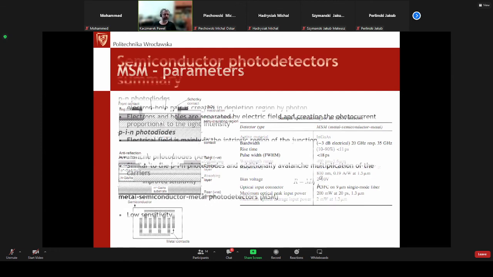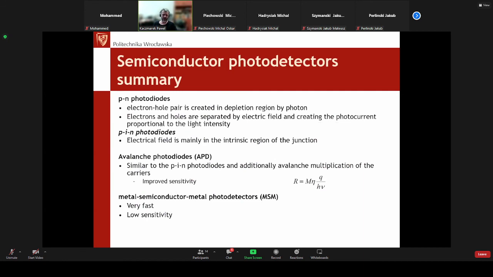And just to summarize our photodetectors, as you can see, some historical photodetectors just to see how they are operating. PN photodiodes, the main and the most important photodetectors, PIN photodiodes. If we want to have an extremely sensitive photodetector, we can have this avalanche photodiode.